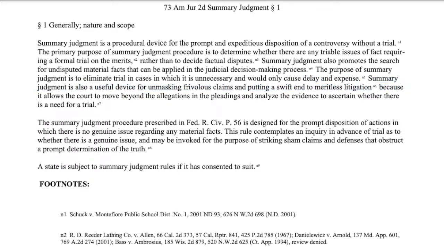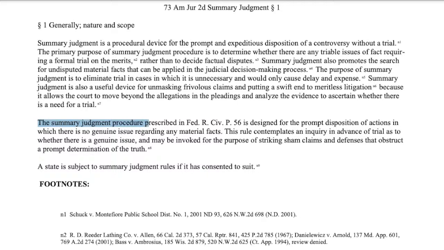Summary judgment is also a useful device for unmasking frivolous claims and putting a swift end to meritless litigation, because it allows a court to move beyond the allegations in the pleadings and analyze the evidence to ascertain whether there is a need for trial.